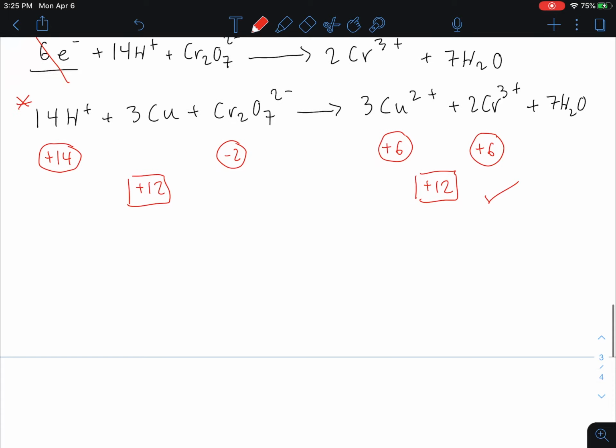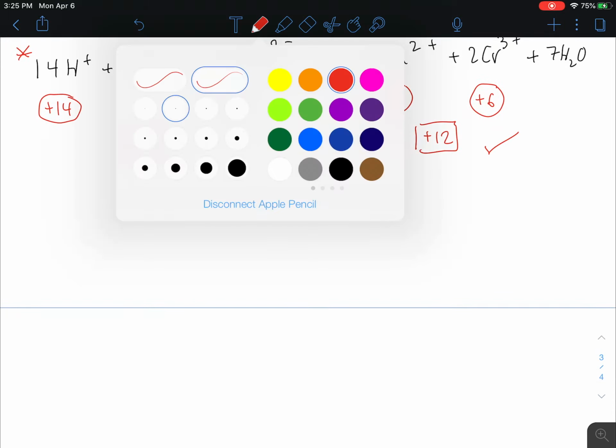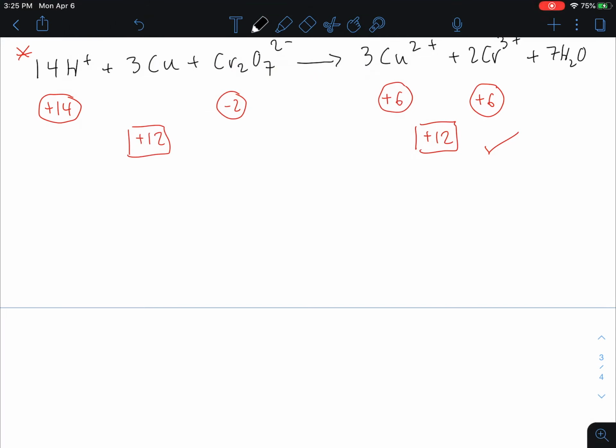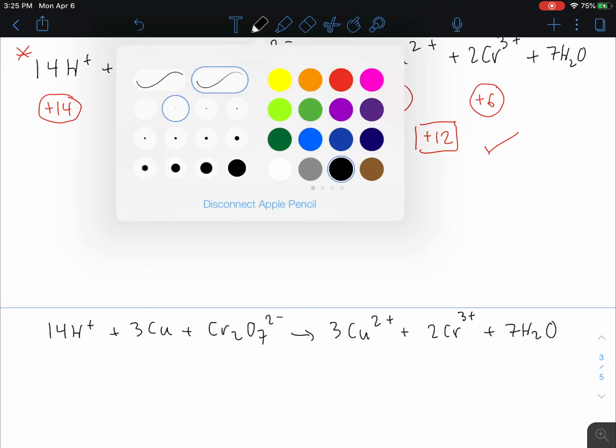Okay, so we're going to use this reaction. I'm just going to copy it over to the top of the next page. So 14 H+ plus 3 copper plus Cr2O7 2- makes 3 copper 2+ plus 2 chromium 3+ plus 7 waters.